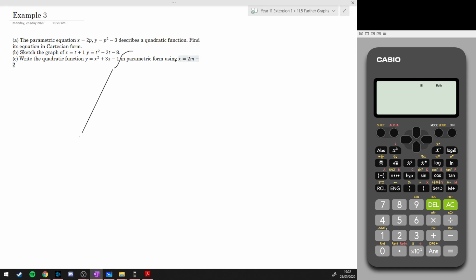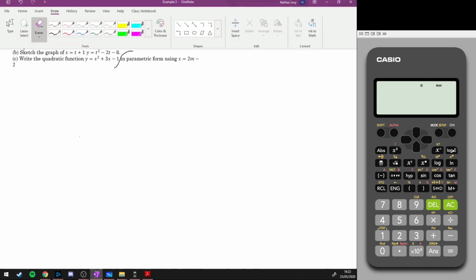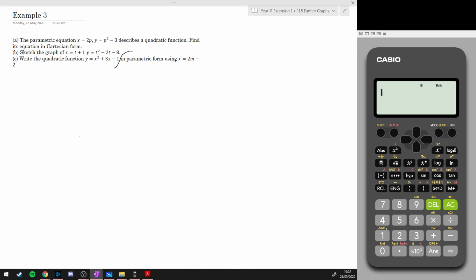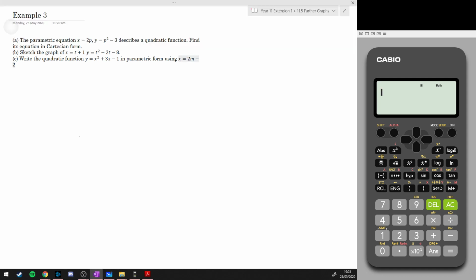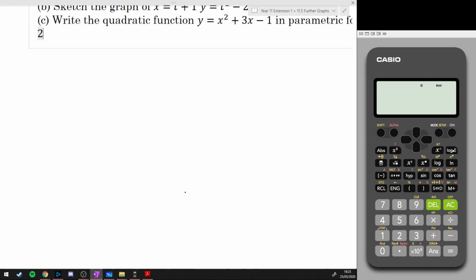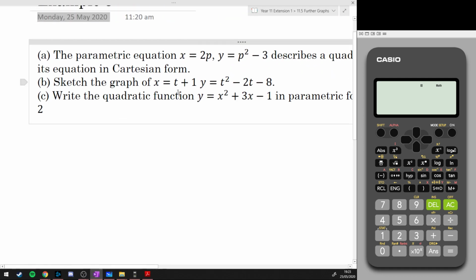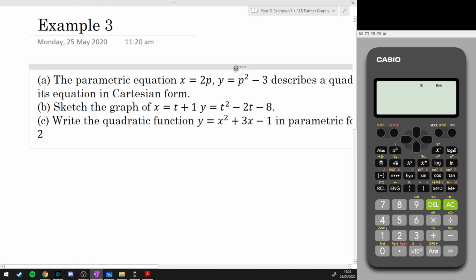It's just not doing it for me today. That took too long, I think. I'm just going to zoom in a bit and try to move my screen up. For some reason it's not working. Okay, there we go. That's better.